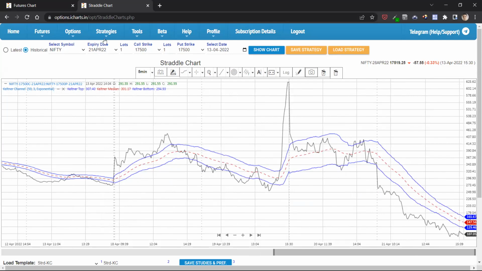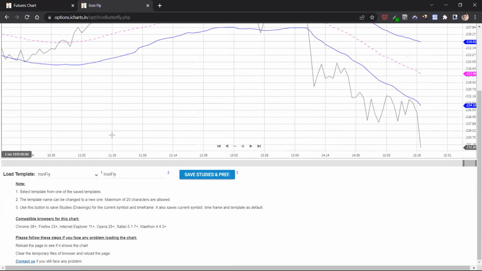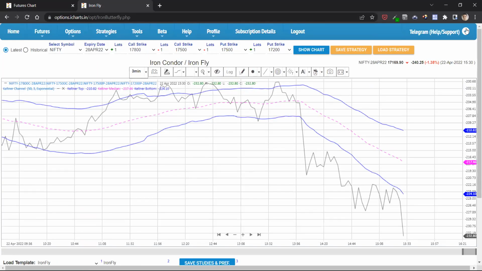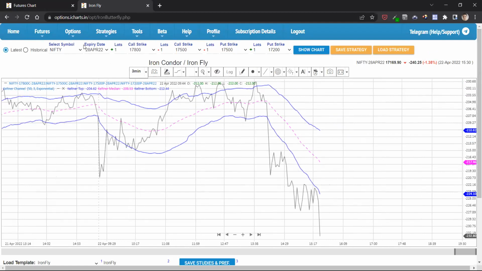Okay, let's go to Ironfly then. Iron Condor or Ironfly. Now let us try for the same period, and this time I'll take weekly expiry.